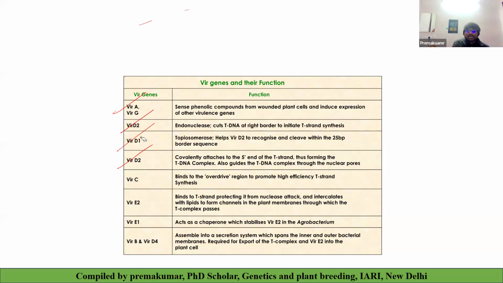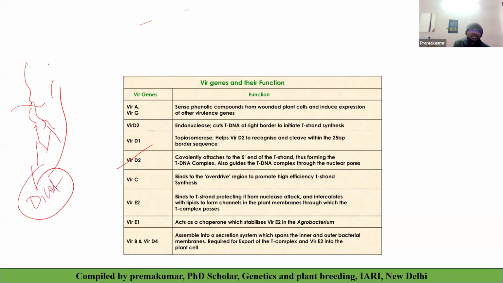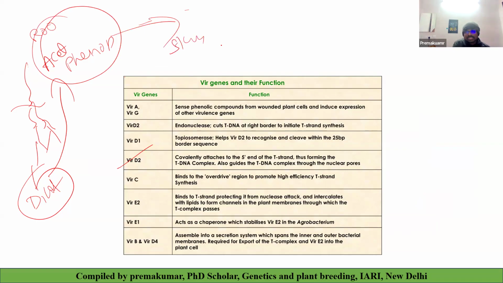How? For example, whenever the plant tissues, especially dicots, secrete acetosyringone, phenolic compounds, plant root exudates, some metabolic compounds, these stimulate some genes in Agrobacterium tumefaciens.